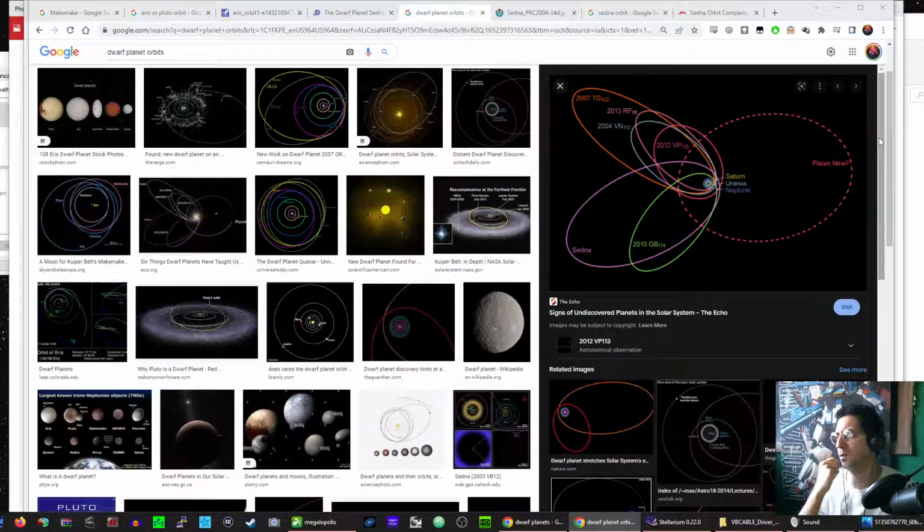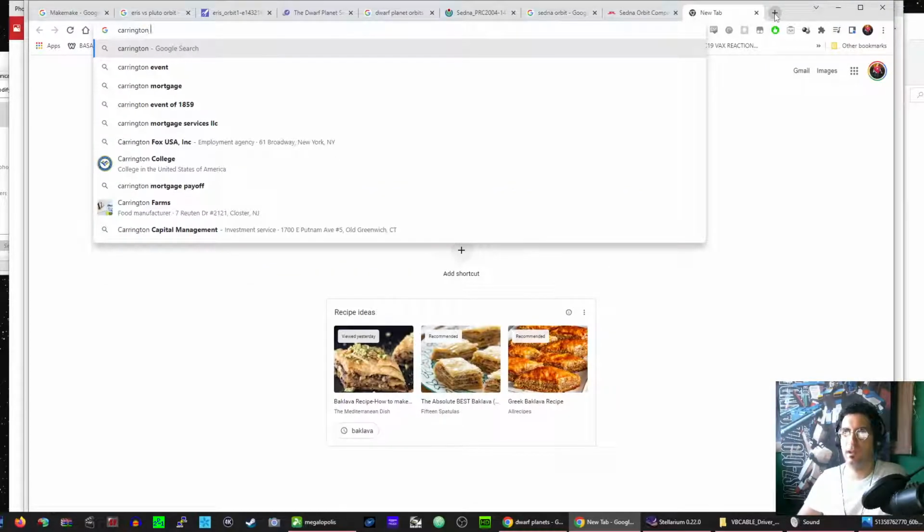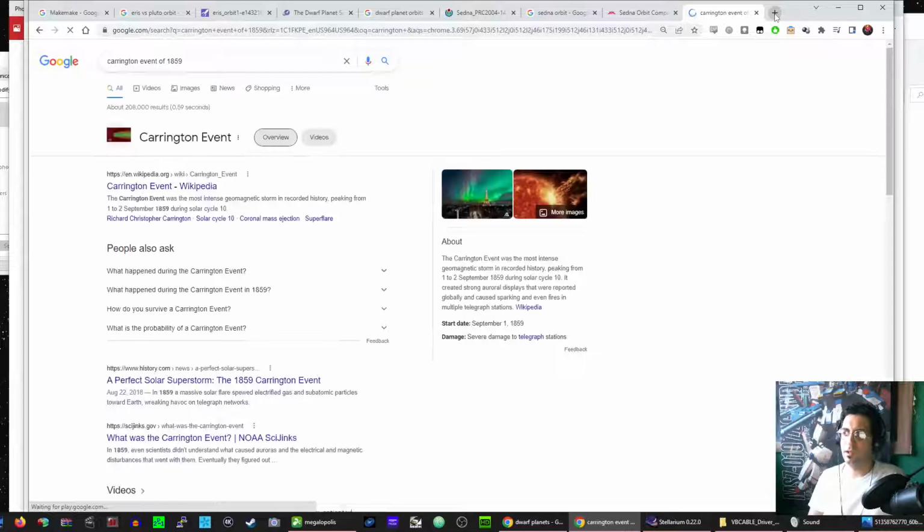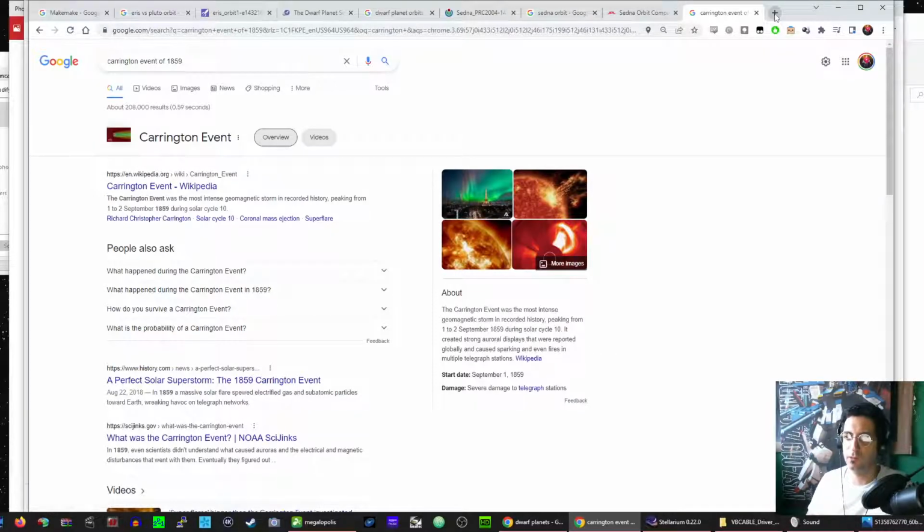If you remember the story of the Carrington event, what is that, 1850, 1860? It's a different topic, but this one here is the 1859 Carrington event. We had a solar flare or coronal mass ejection, and one of the cool things it did was it fried the telegraph circuits, because back then a lot of the telegraph stations were powered by battery.